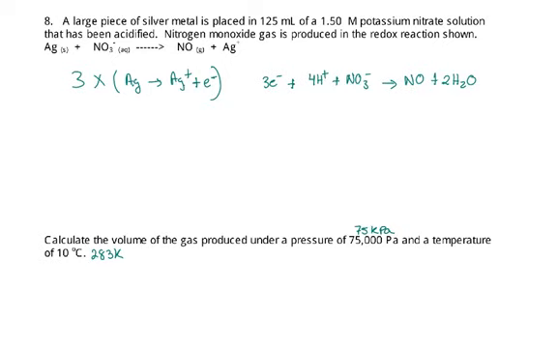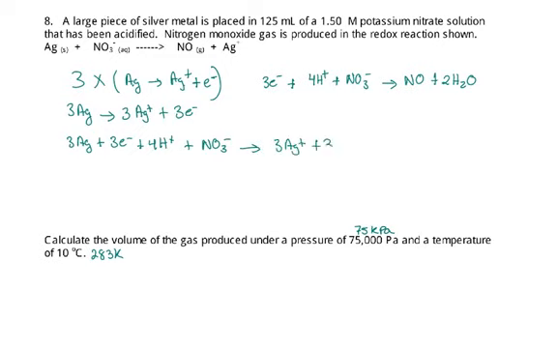So you're going to get 3Ag yields 3Ag plus 3 electrons. Next, we're going to add our two half reactions together. So we're going to get 3Ag plus 3 electrons plus 4H plus NO3 minus yields 3Ag plus 3 electrons plus NO plus 2H2O.